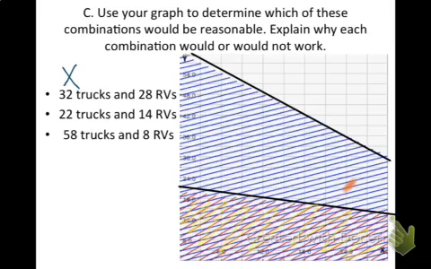So as far as your explanation goes for the first one right here, you would say no because it doesn't satisfy the second inequality. Okay, and the second inequality says that you can't take up more than 600 square feet.